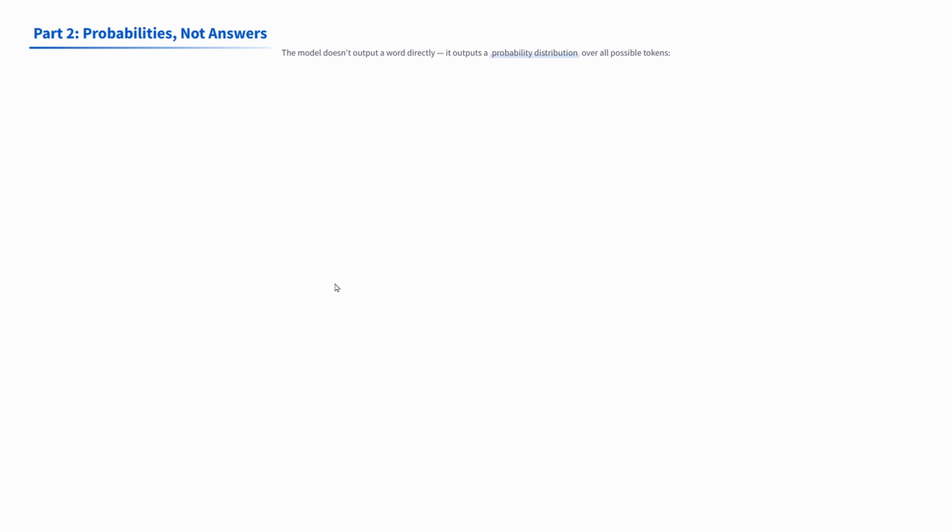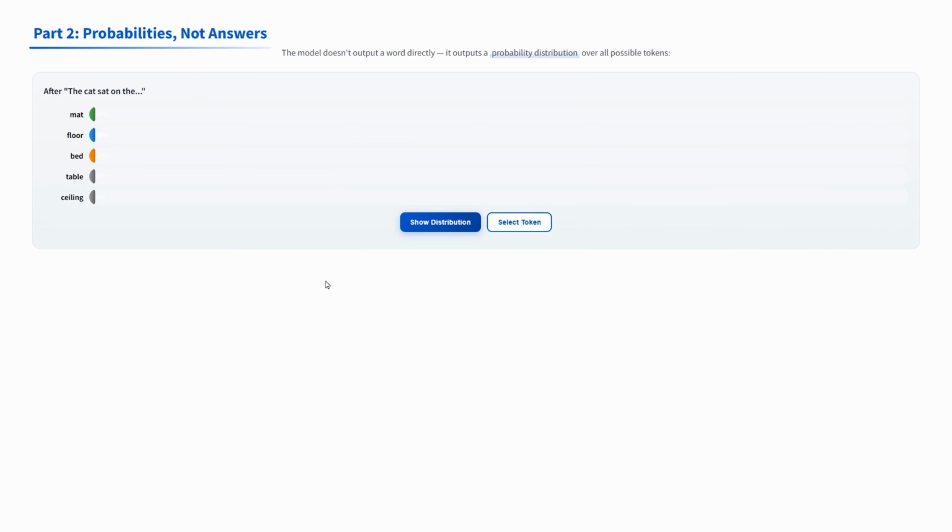Here's something that changes how you think about AI. The model doesn't output a word directly, it outputs a probability distribution over all possible tokens. Look at this example. The cat sat on the. The model doesn't say the next word is mat.